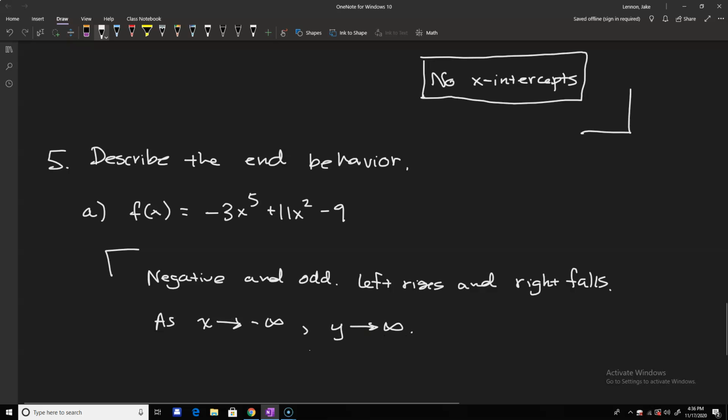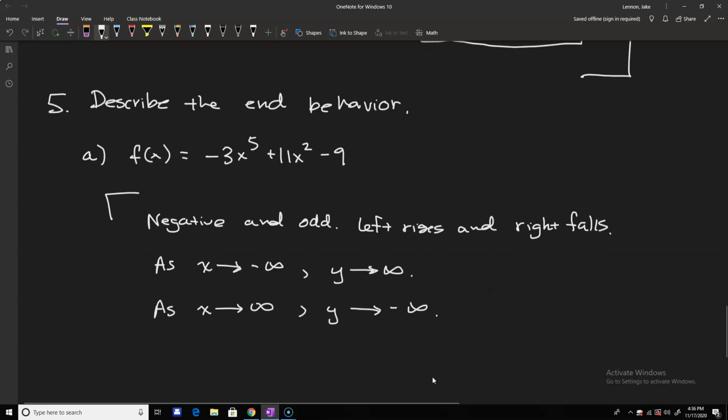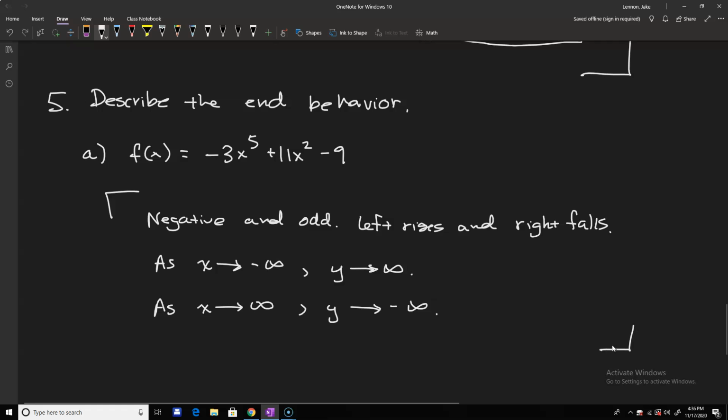So the left rises, and what happens as we go to the right? Well, to the right is in the positive infinity direction. What is y doing? It's going down, so y is going to negative infinity. Sorry, I messed that up there. But that is the equivalent way of saying, using the infinity notation, what we just said in words.